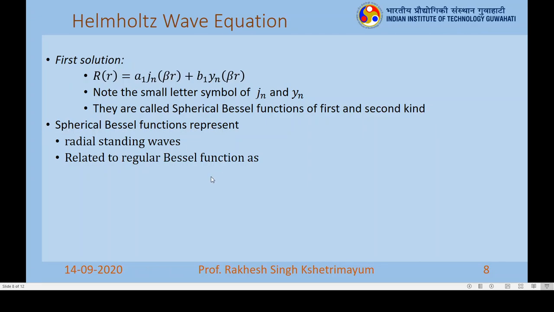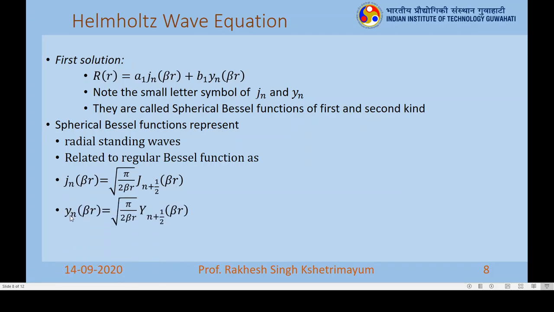There is some relation between these two. You can always obtain the spherical Bessel's function of first kind from the regular Bessel's function of first kind. What you need to do is multiply by square root of pi by 2 beta r, and the order should be changed to n plus half.